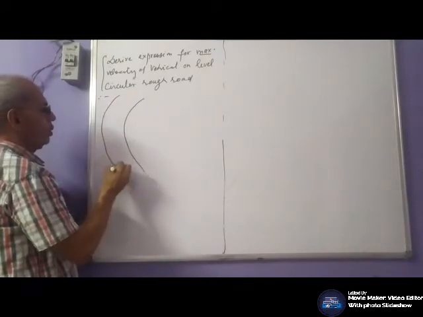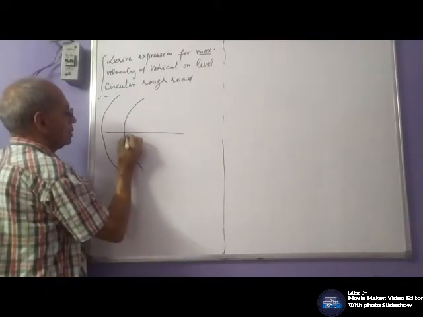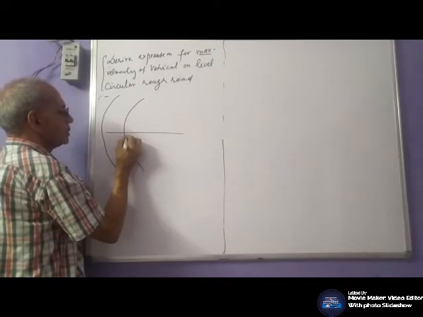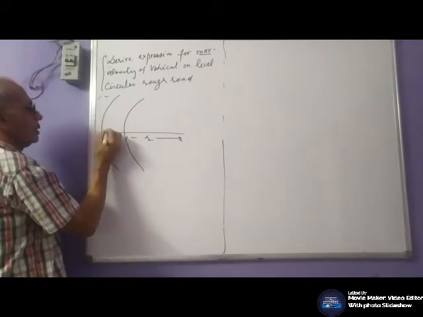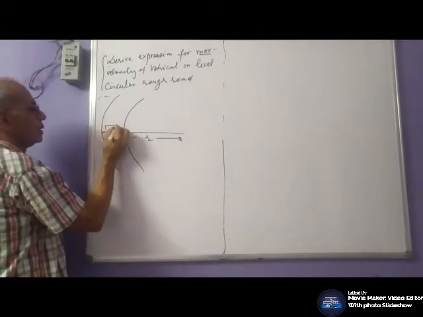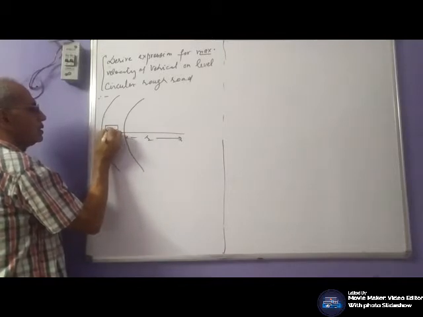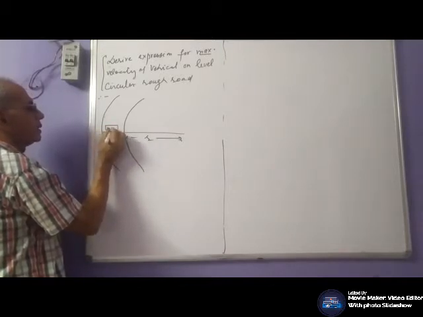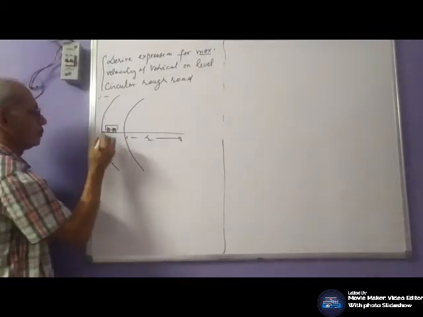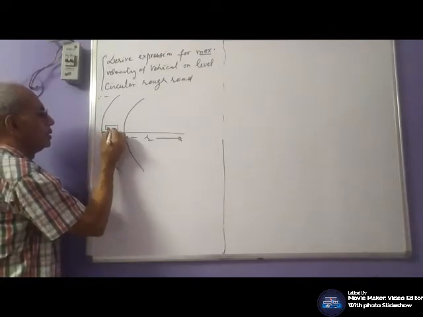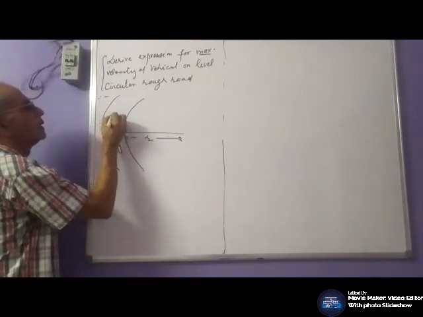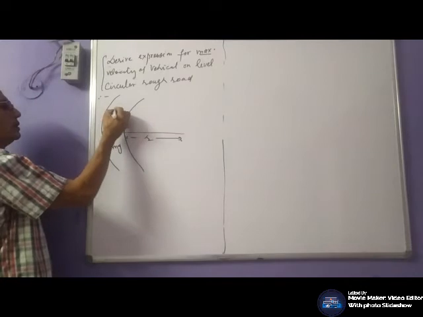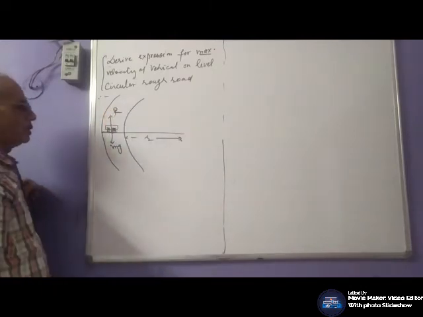This is the rough road. This is the radius. This is a vehicle. This is the front of the vehicle, the tires. What are these? Tires. This is weight. Plain road, plain, level. This is normal reaction.